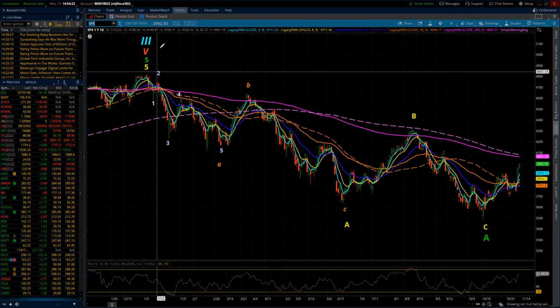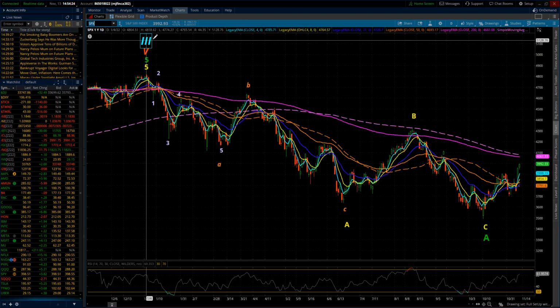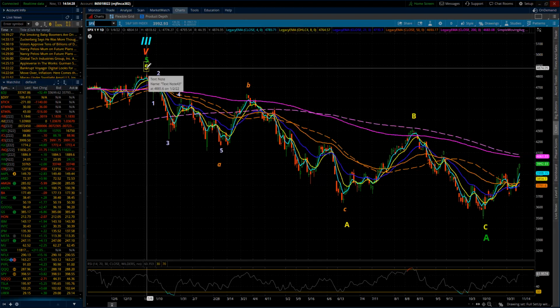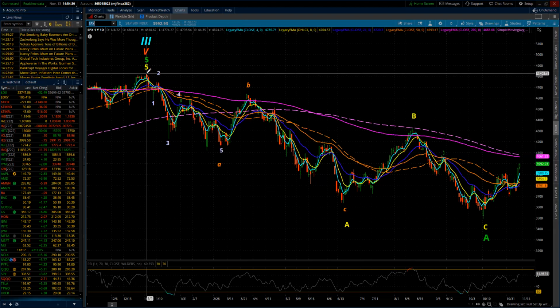So again, we have the super cycle wave 3, cycle wave 5, primary 5, intermediate wave 5. Those are at the all-time highs in the SPX, and that's going to come in at 48.18.